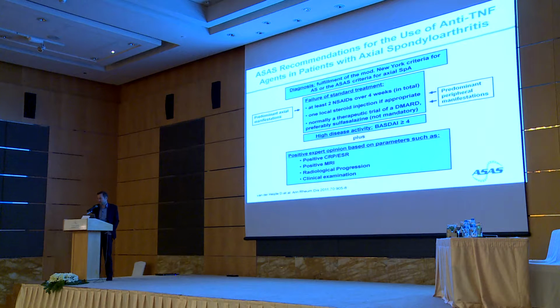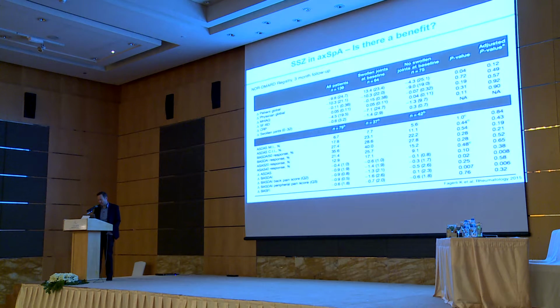Now, what is the evidence for using NSAIDs? How well and how fast do they work? Is this enough, or is it maybe too short? And what about sulfasalazine? Should we be giving it concomitantly or not, especially on the background of a silent inflammatory bowel disease? So, is there a benefit by using sulfasalazine? This is something that was published this year, and obviously what they found was what we knew.